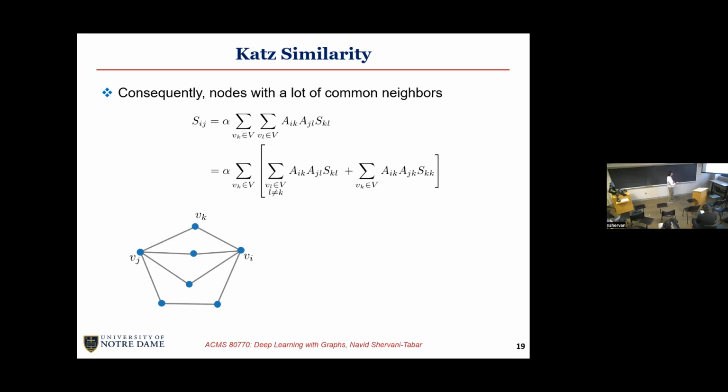We have 2 sums over all the nodes Vk that are neighbors of i and over all the nodes Vl that are neighbors of j. So we can write Vl in 2 parts. We can say Vls that are not Vks, so they are not overlapping, and the ones that are overlapping. So we go over all nodes, 2 sums.